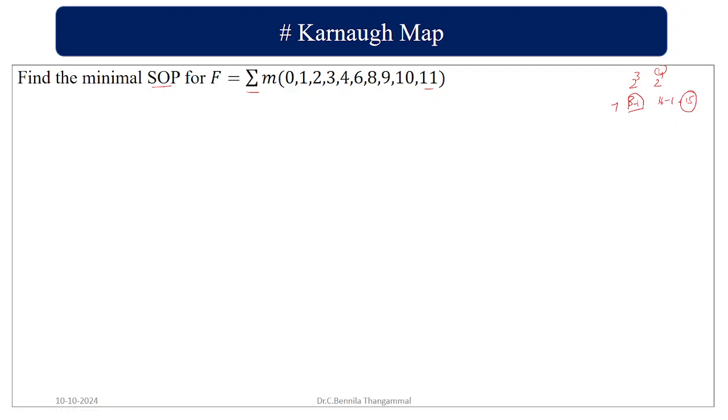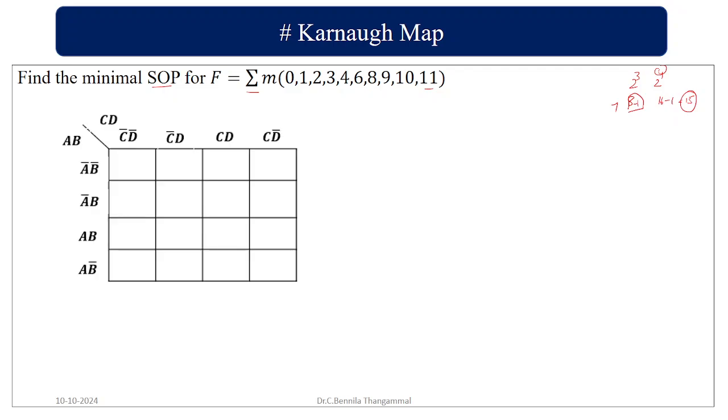And here they didn't mention anything about the variables, so I have the liberty to take 4 variables. So I'll take A, B, C, D. After plotting this coordinate map, first fix the cell values so that it will be easy for you. In the corner you can use a different color to mention the values.